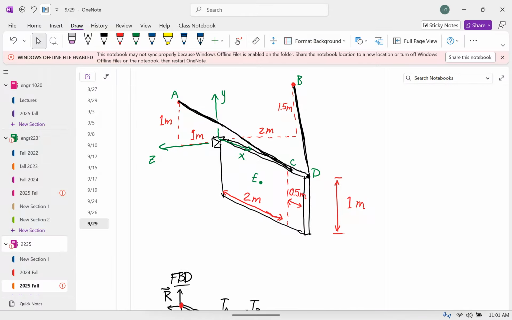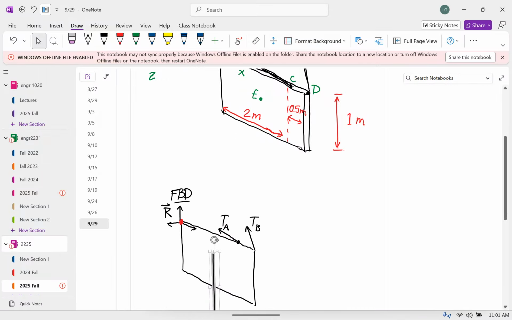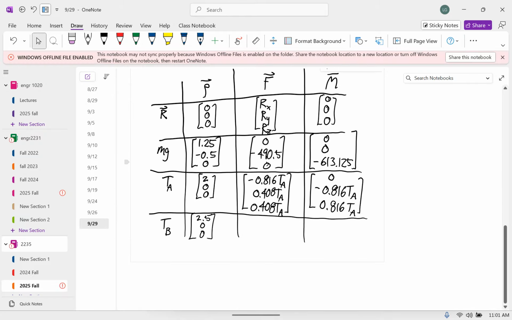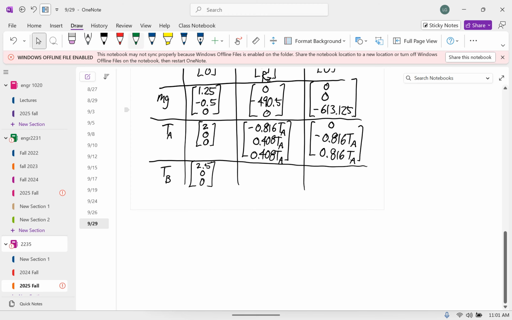Anybody have any questions about that approach? Okay, what I didn't write down, I guess, is the coordinates.